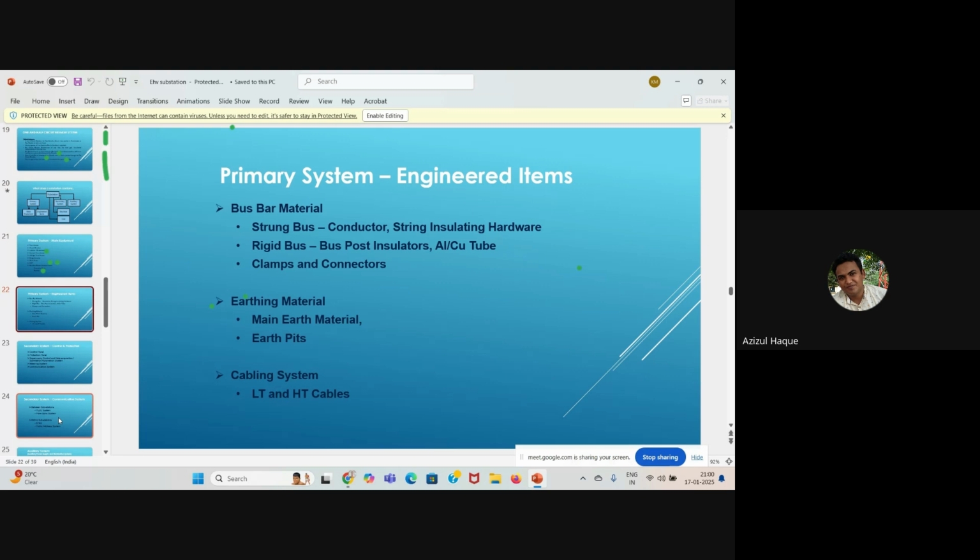The tube will be connected to the breaker through some connectors or clamps. So we have to design in detail these clamps and connectors, what type of connector and what type of clamp is required. That will be designed based on the terminals of the breaker and isolator.